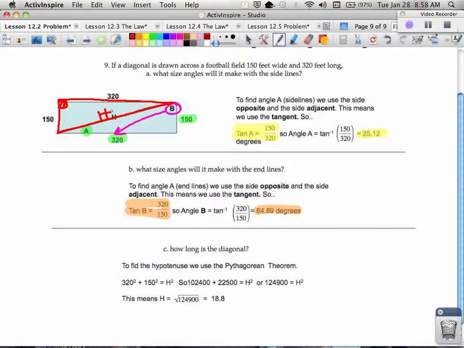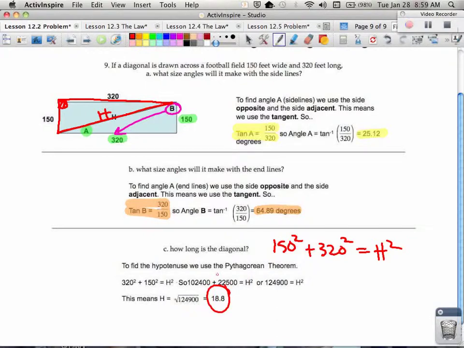So I have leg squared of 150 plus leg squared of 320 equal to the hypotenuse squared. You can type these into your calculator. They're huge numbers. Just don't forget in the end, since you're looking for h, to take the square root. When you get done, you should get an answer of 18.8.